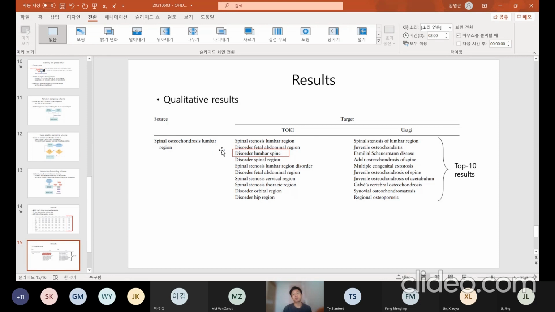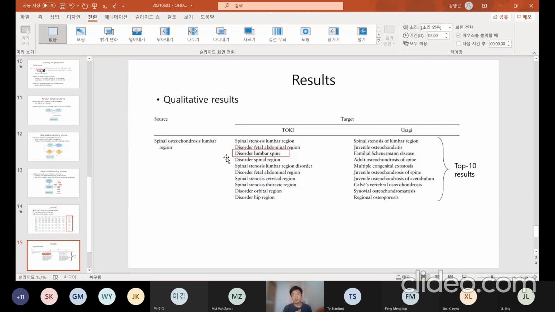Oh, actually, there is lumbar here, spinal as well. But the one that we found is much shorter than the original source description. So you can see that simple word count based approaches would fail to identify this particular case. So this is one advantage of using a semantic-based matching.